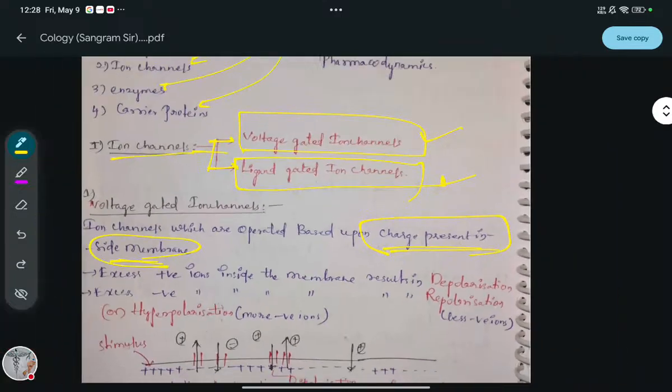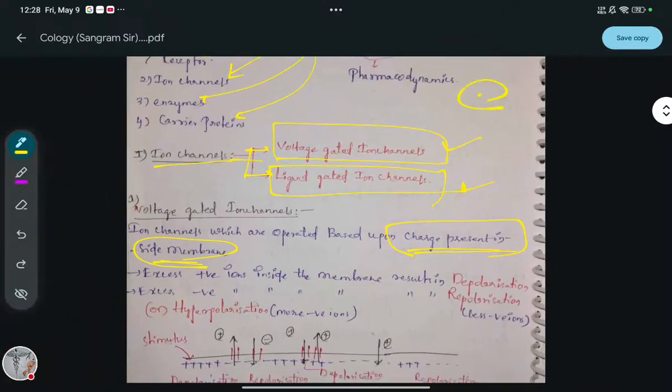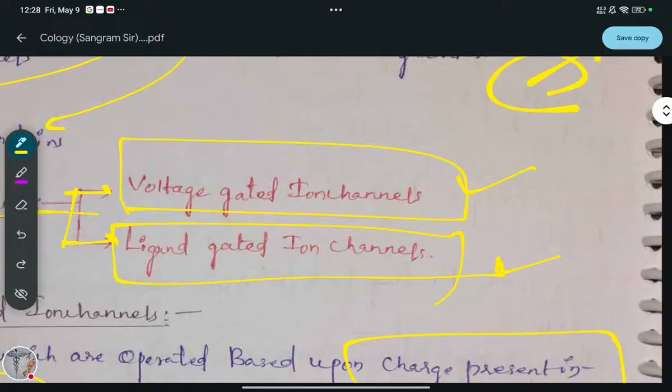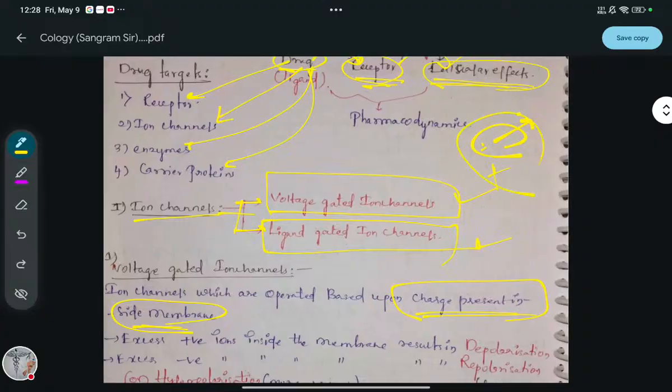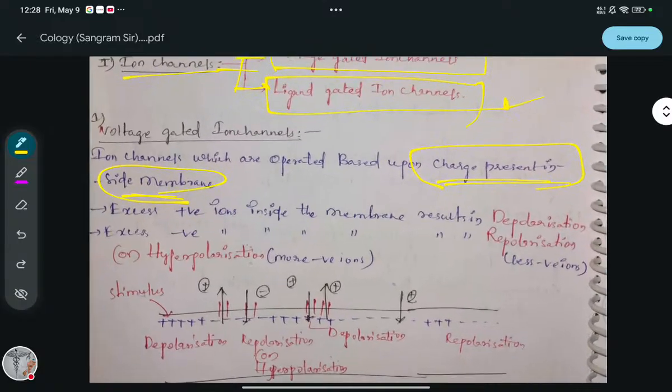When the set of negative charge is more on the outside of the cell, the outside will be negatively charged, so negative potential will be there. When the inside is positively charged, it is called positive potential. If the outside is positively charged, it is called positive potential on the outer side. When the positive charge is on the outer side, it will be in resting membrane potential or resting phase. Now we will see that properly.